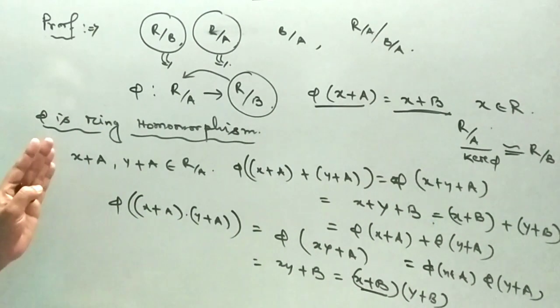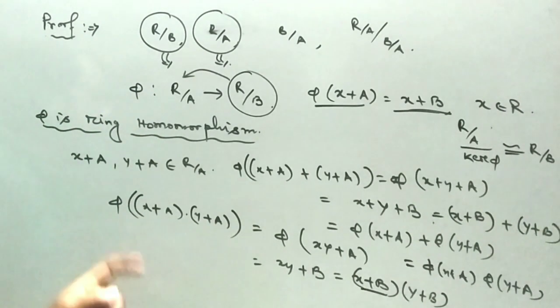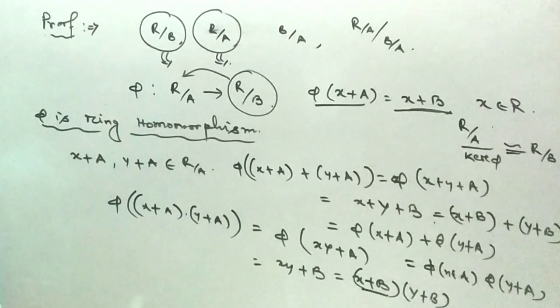So the function phi satisfies the two conditions of ring homomorphism.